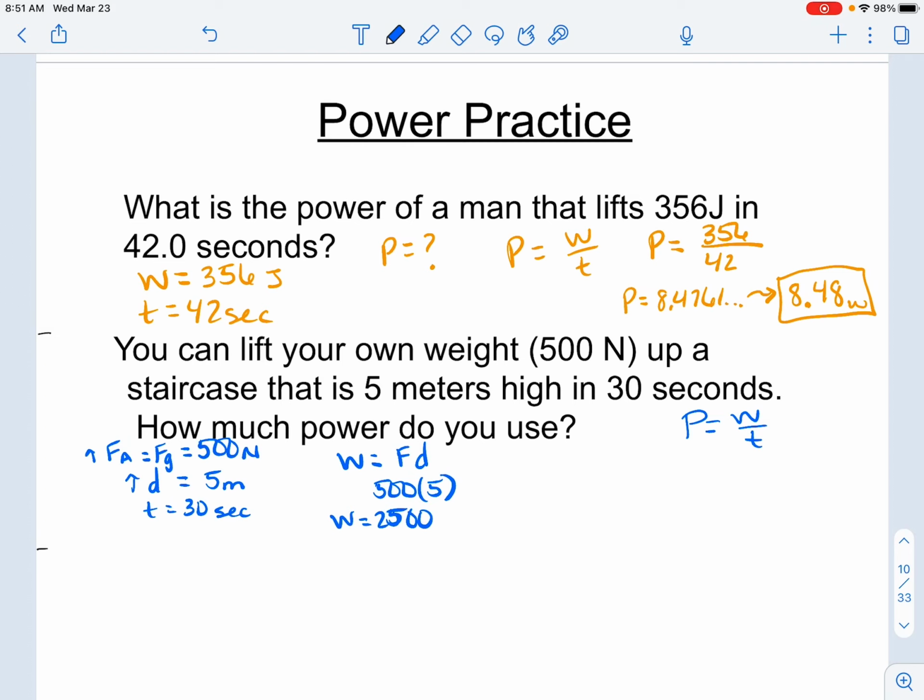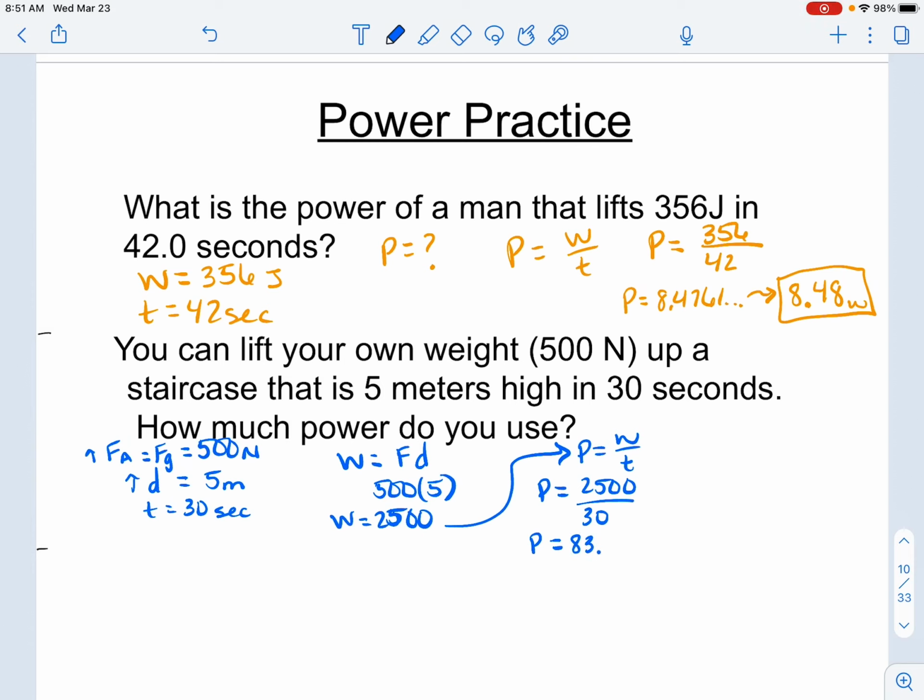And now that I know how much work I did, I'm going to plug it in over here to my power equation. So I am now going to say power is equal to work divided by time. So I'm going to take 2,500 divided by the 30. Remember, use that answer button if we're continuing this problem in our calculator.